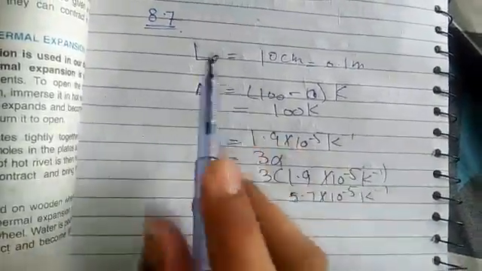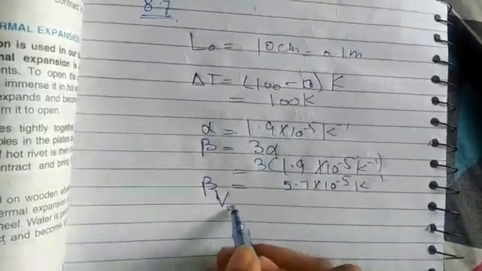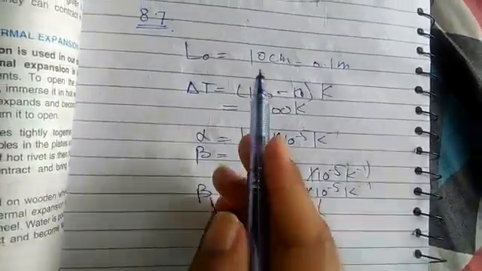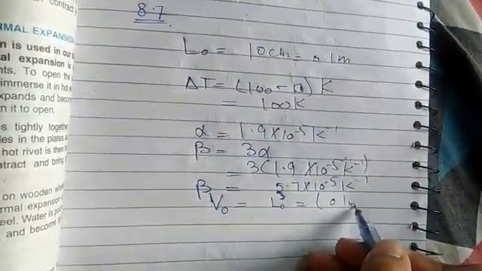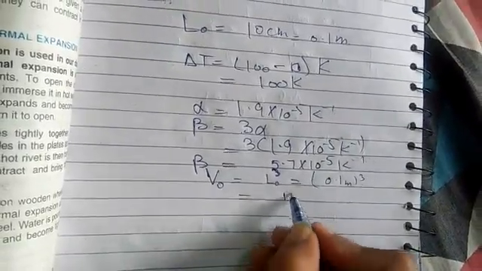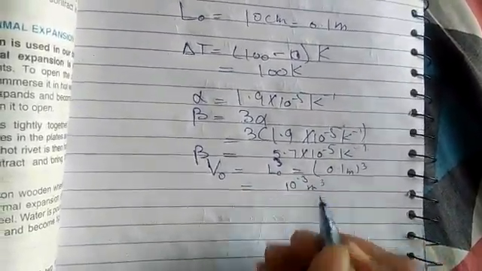Now from the length we have to find the volume. V naught is equal to L naught cube. Then L naught is 0.1 meter cubed. So after calculation, V naught becomes 10 raised to power minus 3 meter cubed.